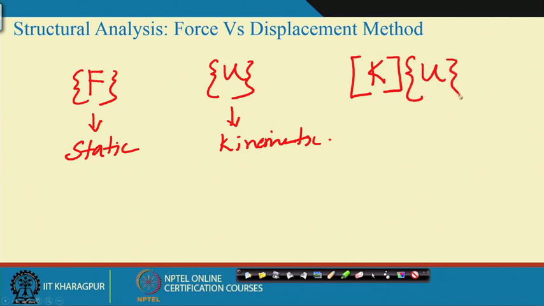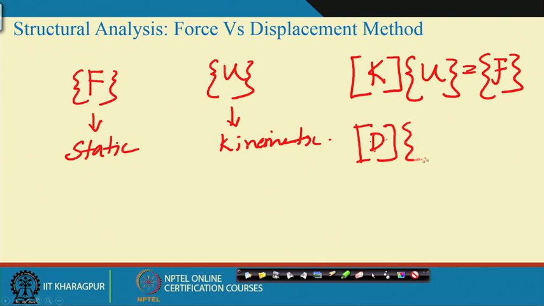Similar relation we can have with another matrix, say D, so that U equals D F. We have seen that K is the stiffness matrix and D is the flexibility matrix.